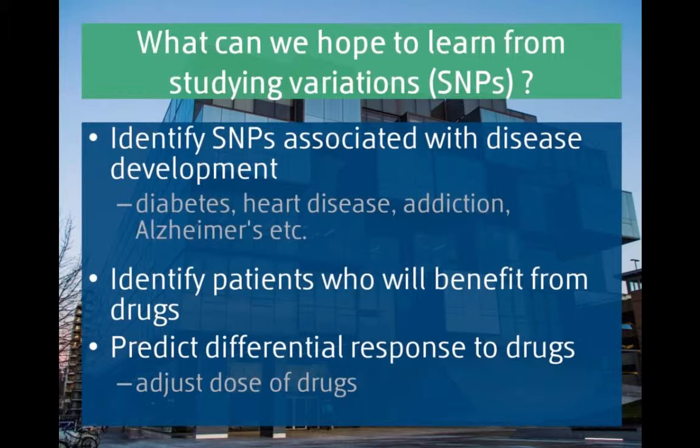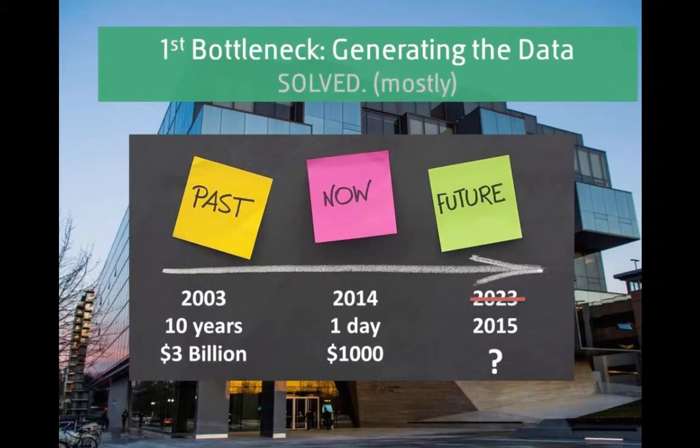And then finally, what our project is focusing on is being able to predict the differential response to drug therapies and using genotypic information to be able to adjust the dose of drugs to fit a particular patient's genotype.